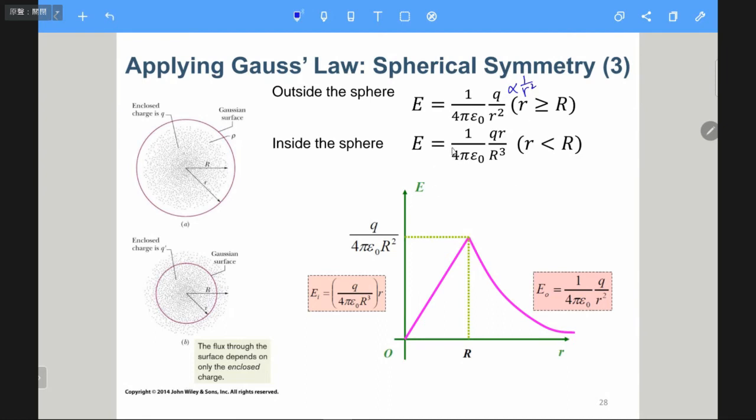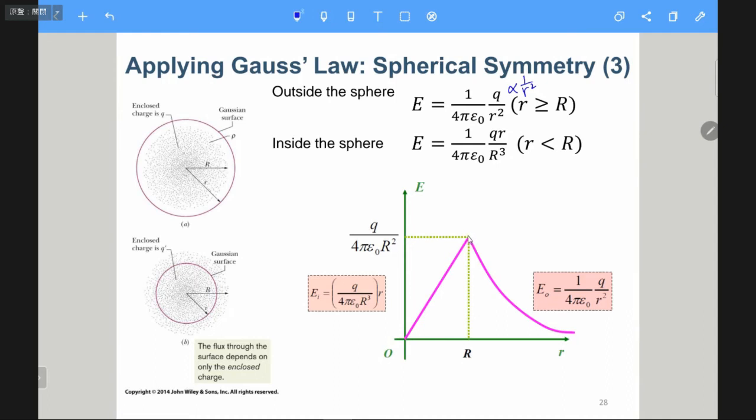Okay, so if we try to plot this out, this is the r axis, the distance from the center of the sphere to the point we are concerned with, and this is the E field. So when r is smaller than capital R, it is linearly increased.